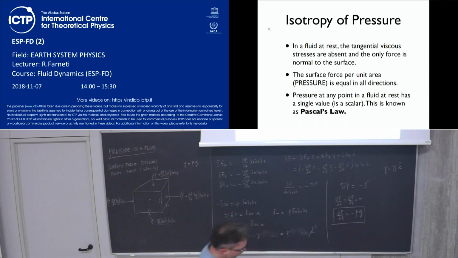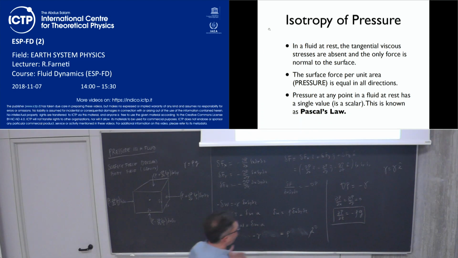So the fluid is at rest, so there must be a force balance in all the different directions, in the x direction, in the y direction, and in the z direction. In the x and y directions it is similar to the infinitesimal element of fluid. The only force acting is the pressure, so all the components in the x direction must be equal to 0, and all the components in the y direction must be equal to 0.